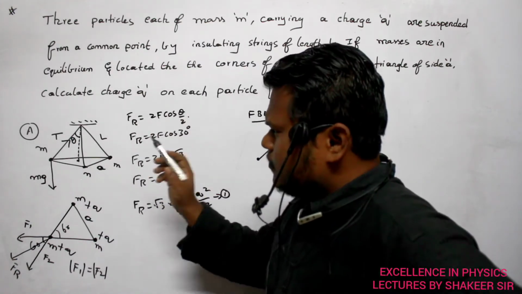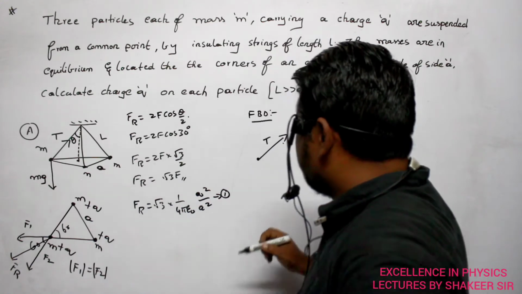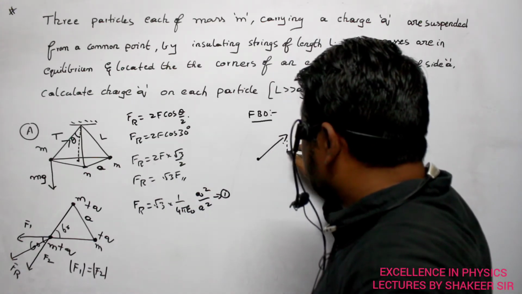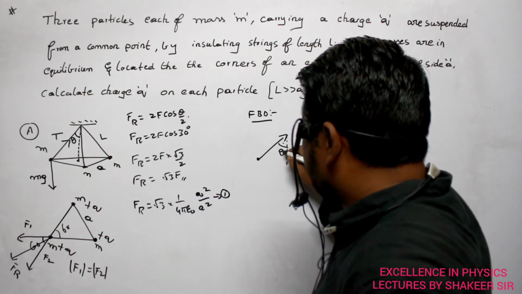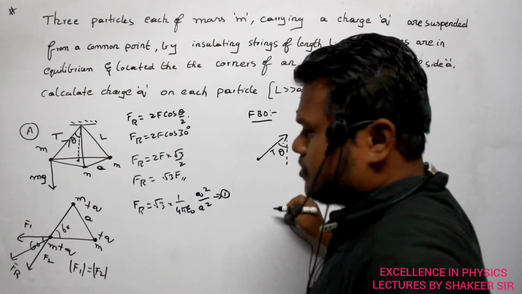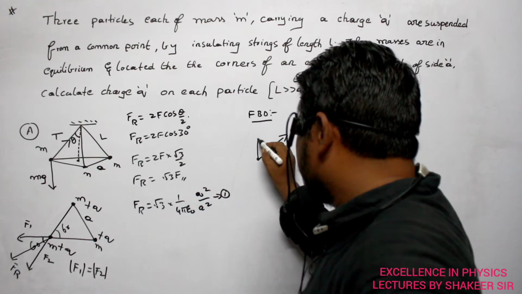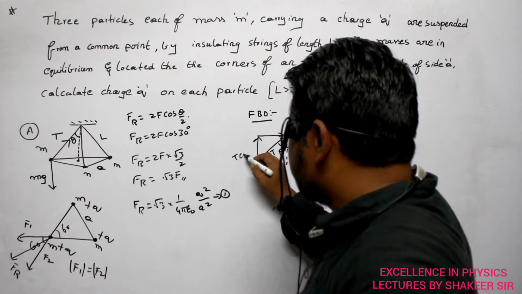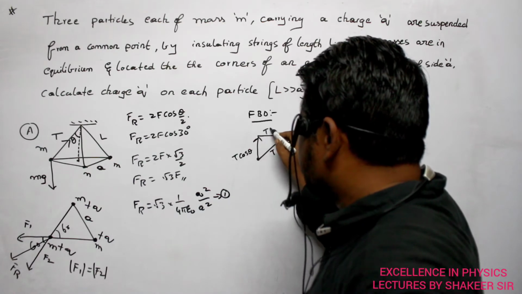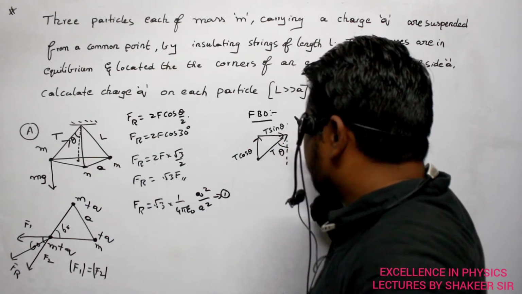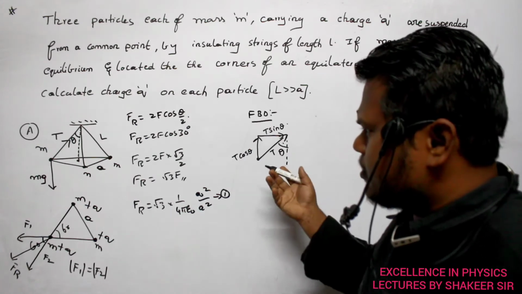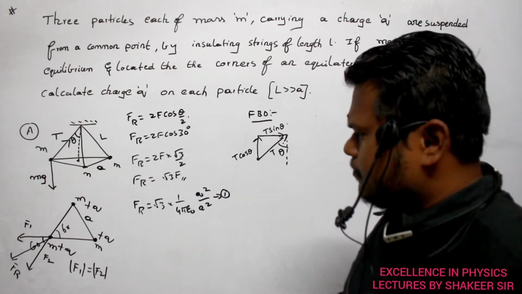Okay? If this is making an angle of theta, then how can I split this tension into two components? So this angle we are taking as theta, no? So this is the tension which is present. I can split this into two components like this. Clear? So this is T cos theta and this one is T sin theta. Now tension we have split into two components. What are the other forces which are acting?